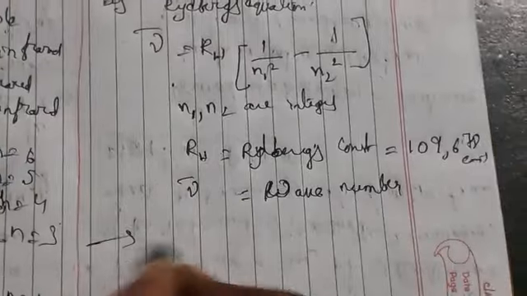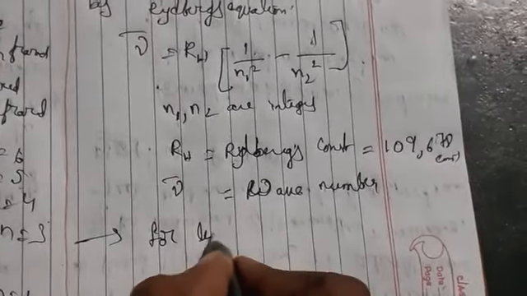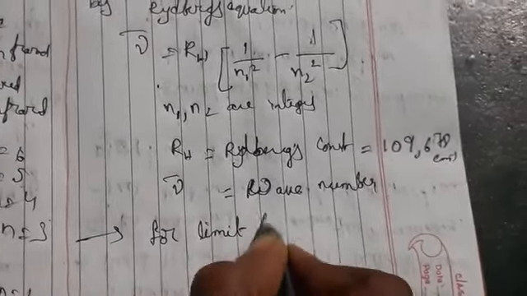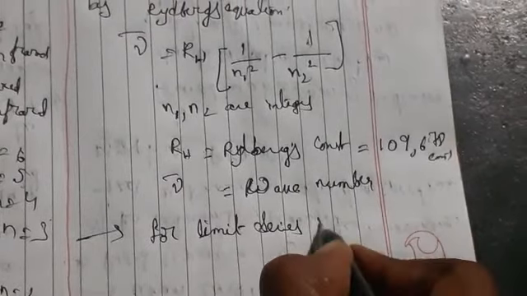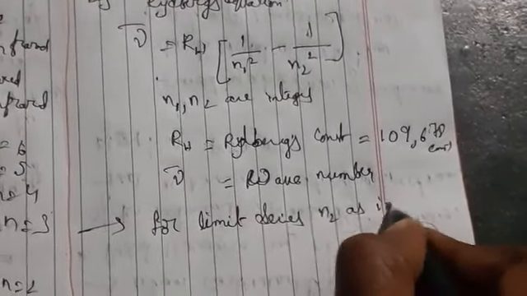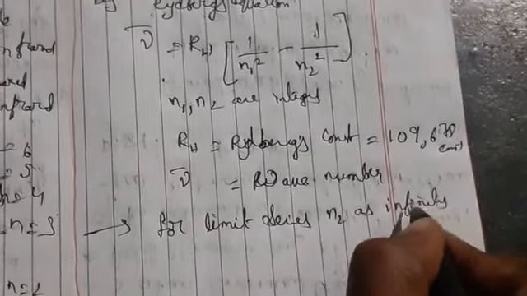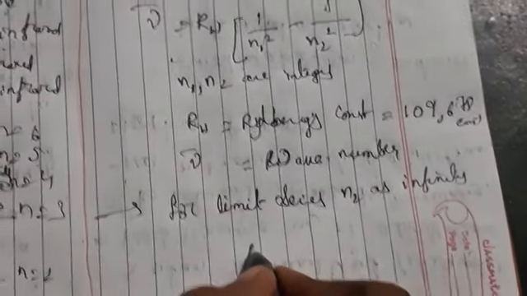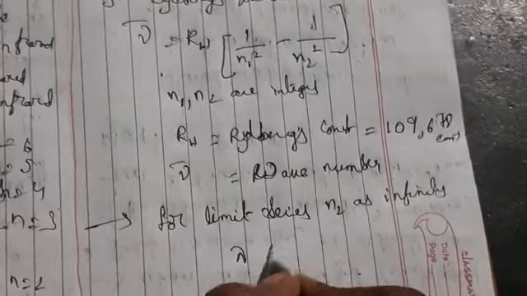So for the limiting series, n2 is infinity, and then for the wave number we get the series limit.